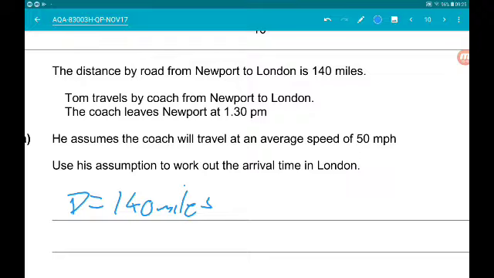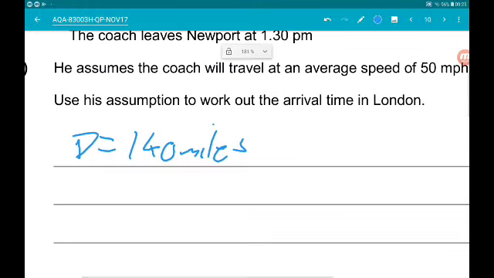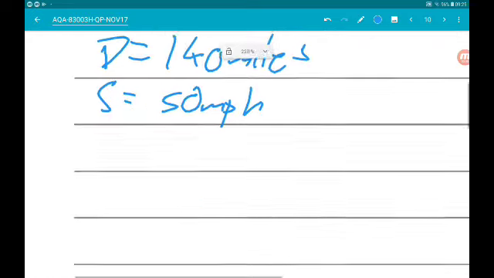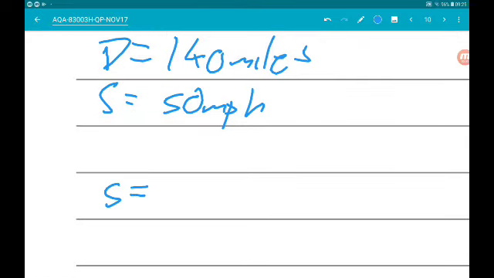Okay, so speed is going to be 50 miles per hour. Now, we know that speed is distance over time. Now, the two things that we know are speed and distance. We want time.